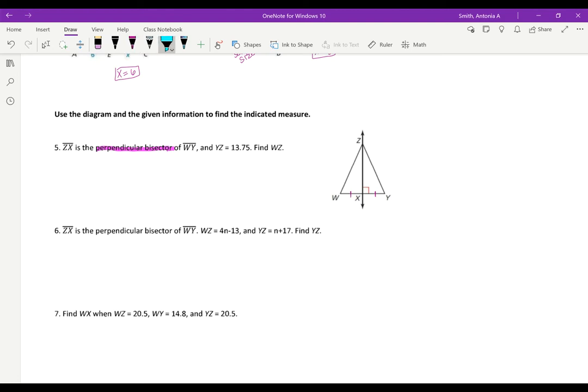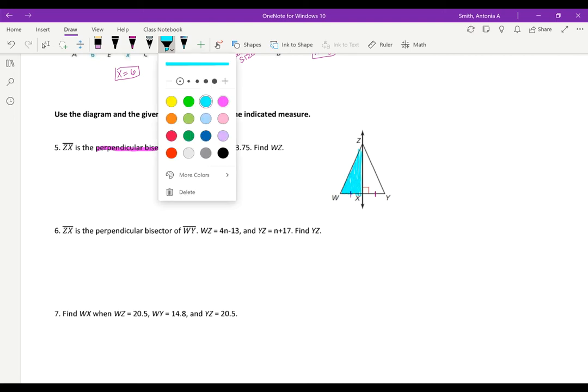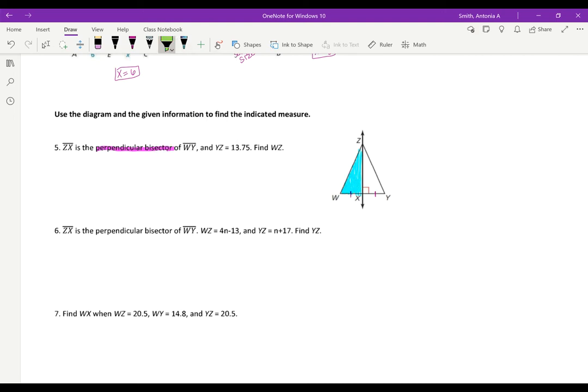But now let's look at the triangle that was formed. So we have this triangle now, and we have, let's pick a different color, this triangle. Color side to side instead of up and down.